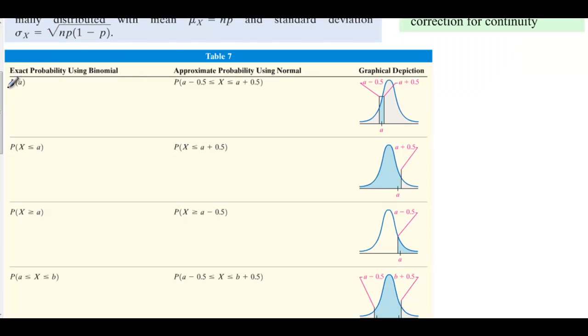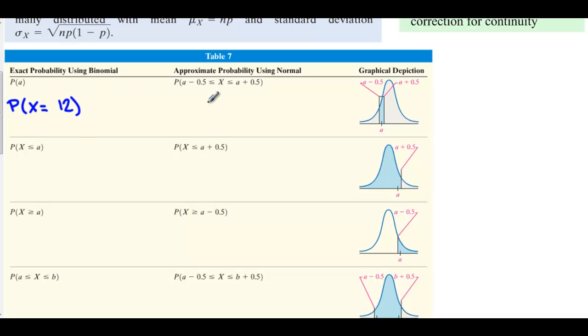So again, if we want the probability of x equaling a number, x being the number of successes. Okay, so again, this is a binomial experiment. We're talking about the number of successes is what we're counting. So that's always going to be a whole number. So if it tells us that x equals a particular number, I'm just going to pick a random number, 12.